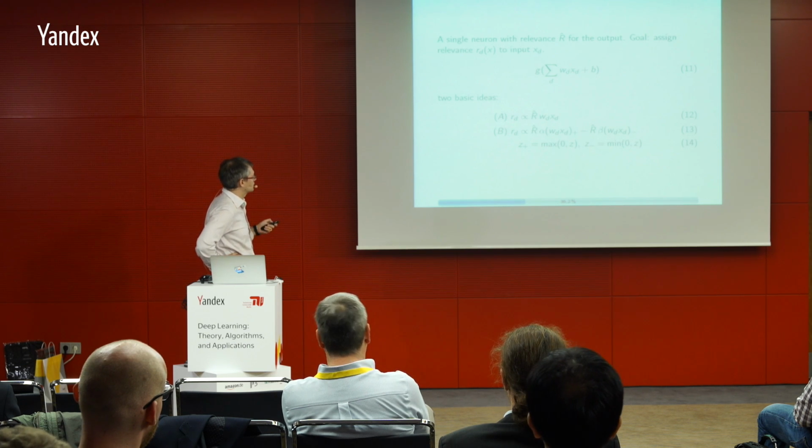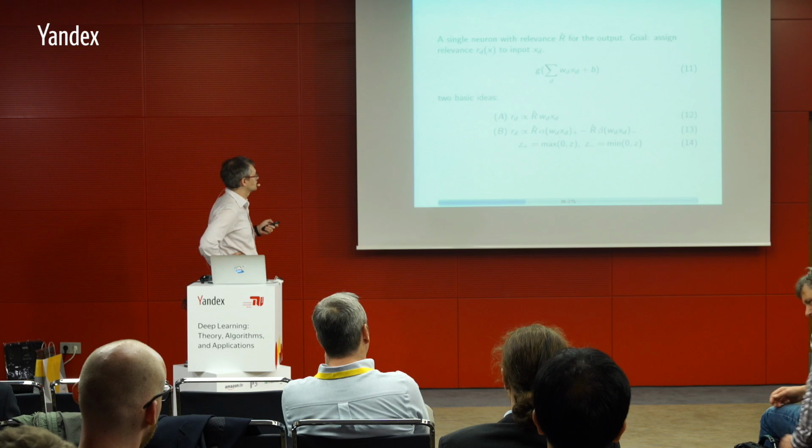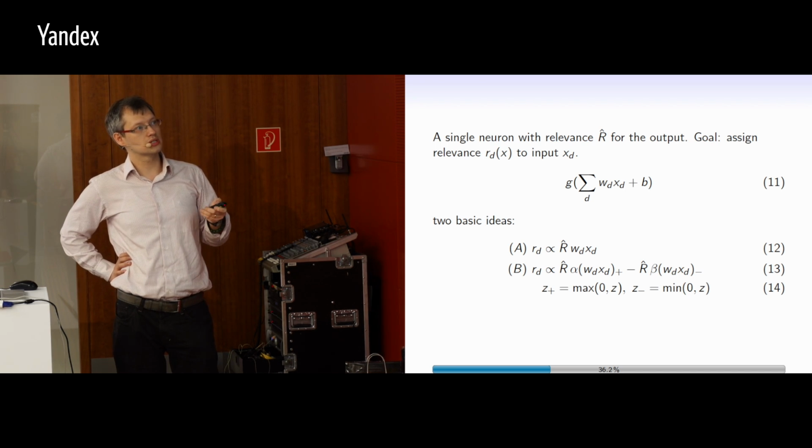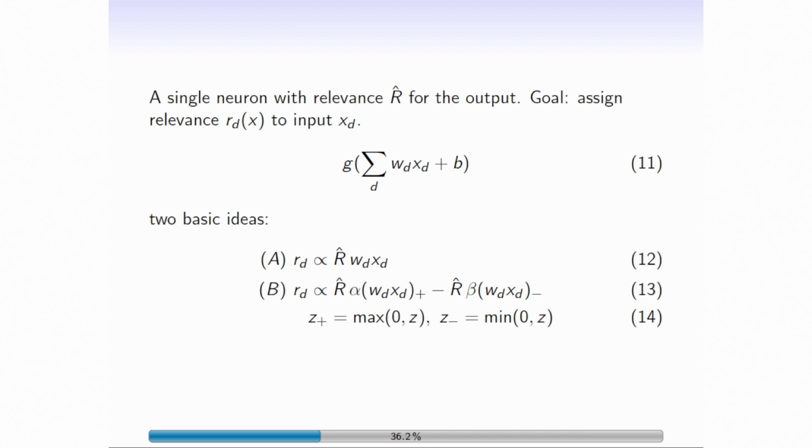Either the relevance of an input is proportional to the relevance of the output times the weighted input value, or you can split this into a positive and negative part, and assign a different weight for the positive part of the input and for the negative part of the input.